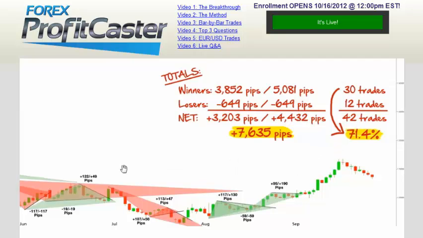So I hope this answers the question for those of you who wanted to know how it would have performed if it had been in place a year and a half ago. And given the results here during the beta test period of live trading, I have confidence that Forex ProfitCaster will continue to do very, very well in these great Forex markets.